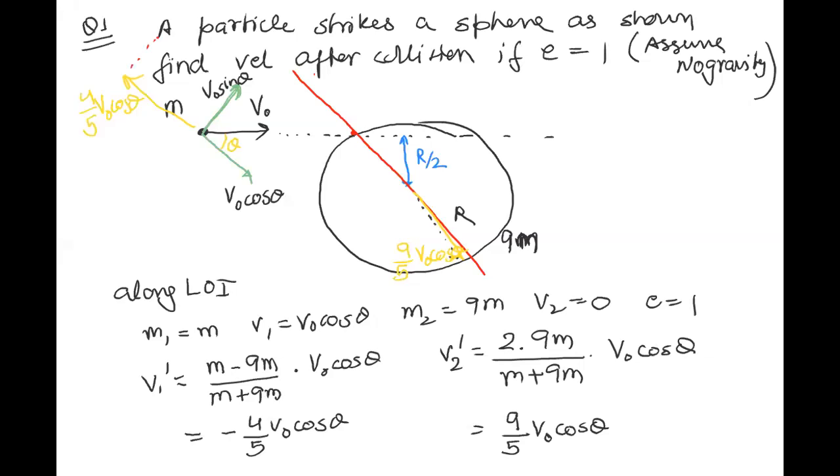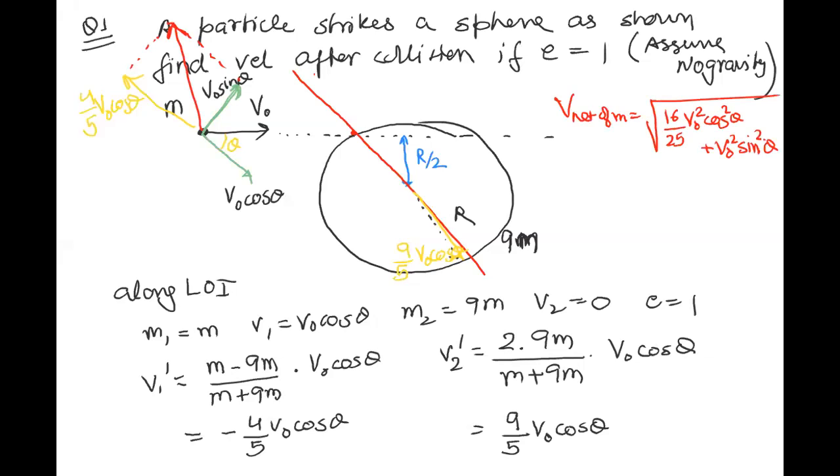So the net velocity of this guy will be this. So v net of m will be equal to under root of 16 by 25 v naught square cosine square theta plus v naught square sine square.